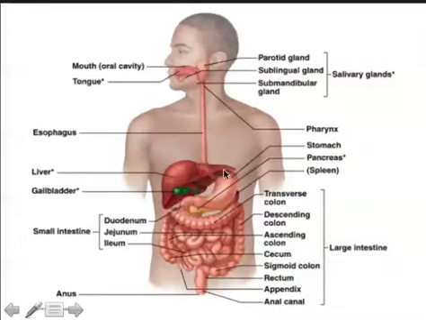Okay, the liver receives nutrient-rich blood via the hepatic portal vein that actually comes in the back door of the liver.